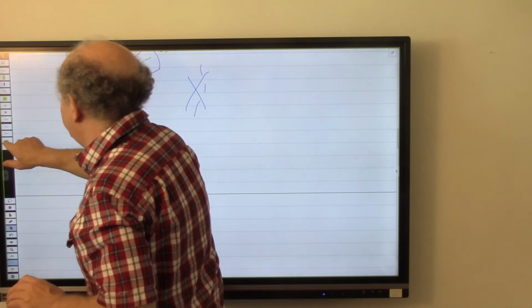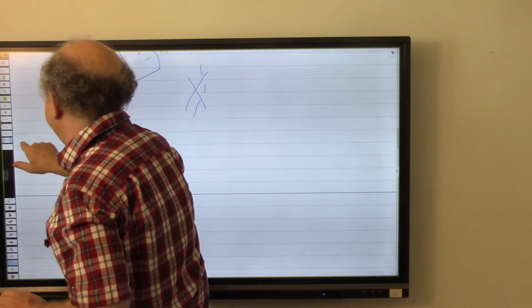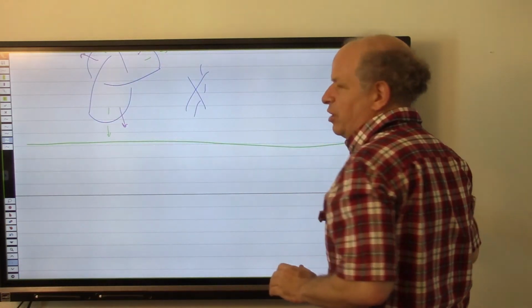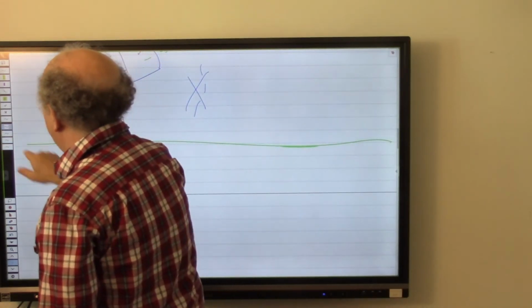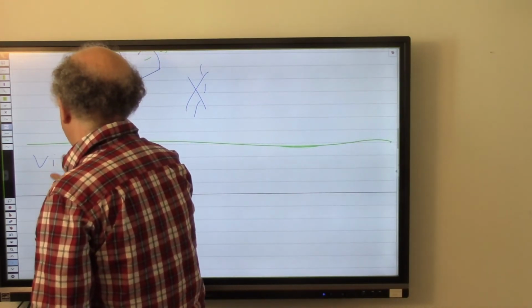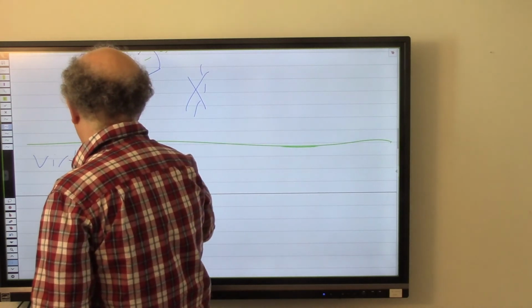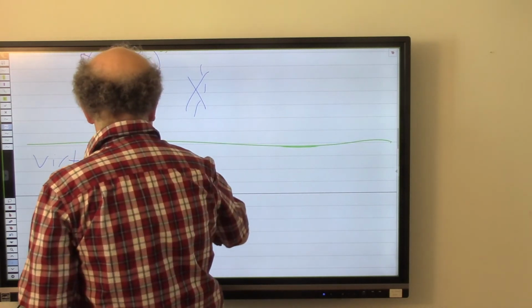So that was an extremely quick and insufficient introduction to virtual knots, but now let's talk about virtual braids. So what are virtual pure braids?